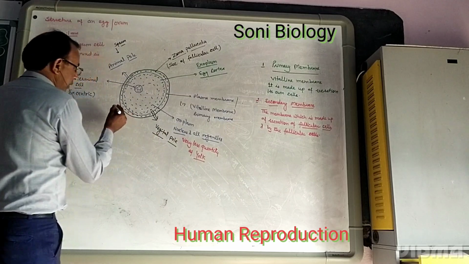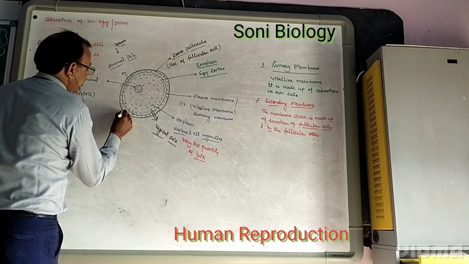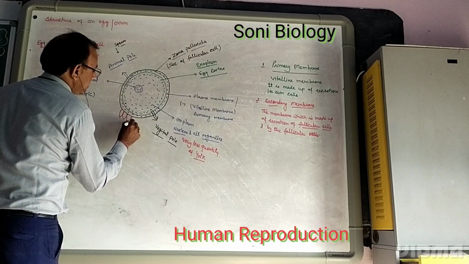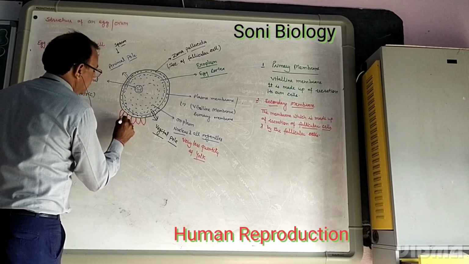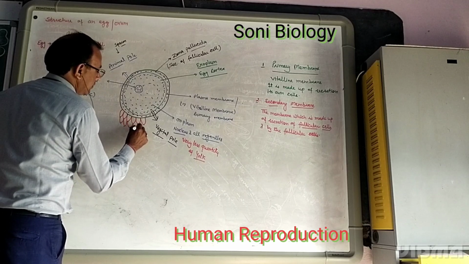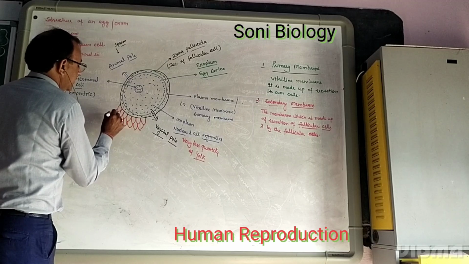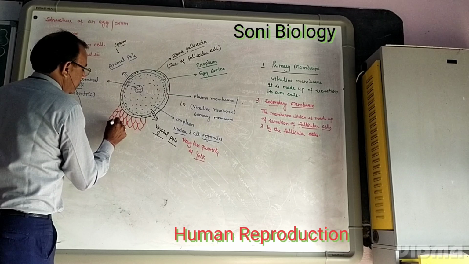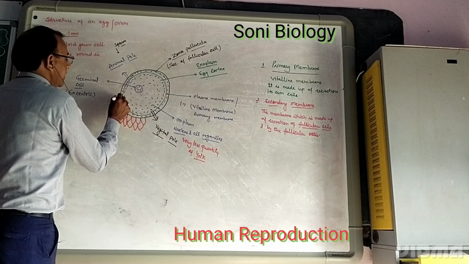The cells are arranged in radial symmetry, just like this. Make this type of diagram. The arrangement of cells is in radial symmetry, so this membrane is called the corona radiata.